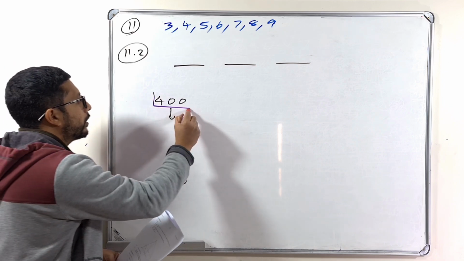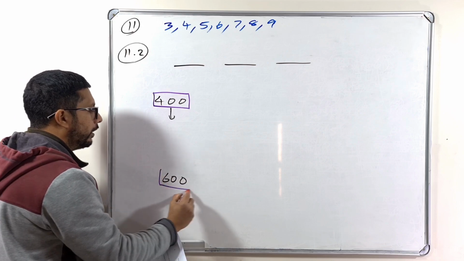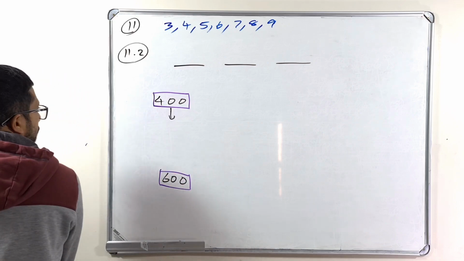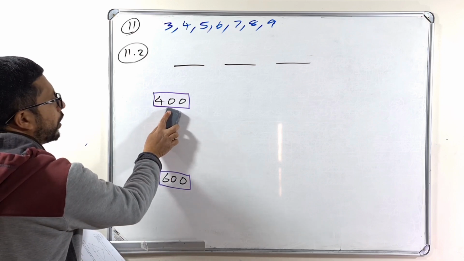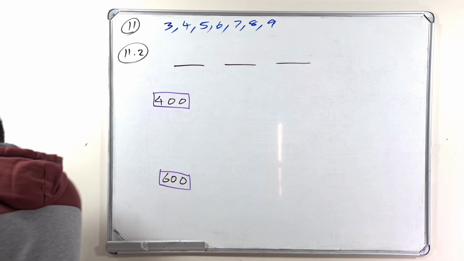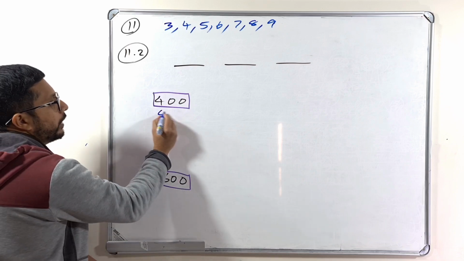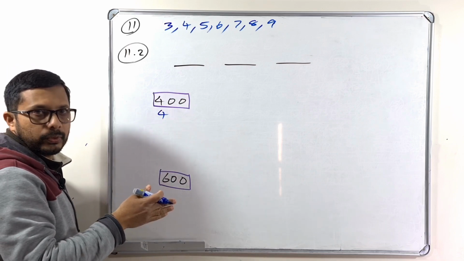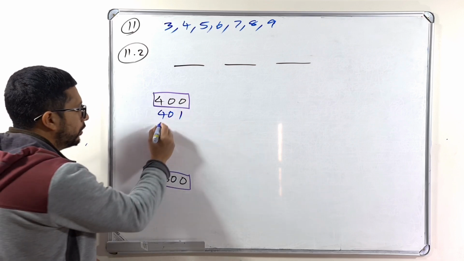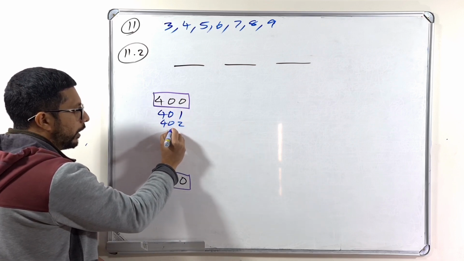Greater than 400 and less than 600 means that the code must start from 401, because 400 is not included. The code must start from 401, 402 like that.